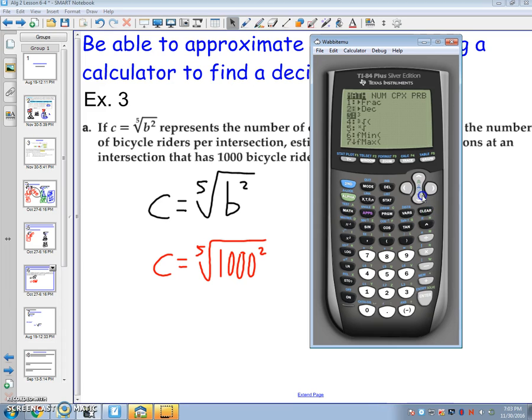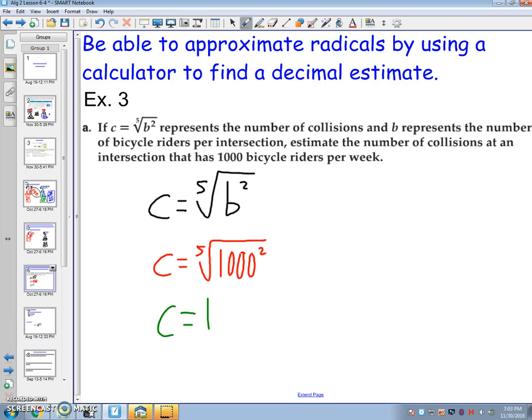We're going to go down to number 5. We're going to put a 5th power out here. Inside we'll do 1,000 squared. The answer is 15.849. Let's say 15.85. So C equals 15.85. So if there are 1,000 bicycle riders at an intersection, expect about 15 accidents or collisions, crashes.